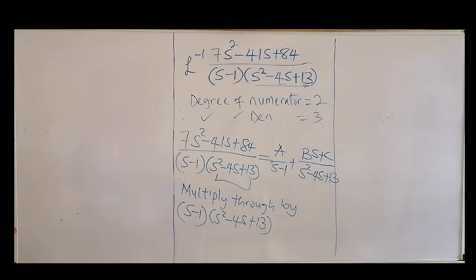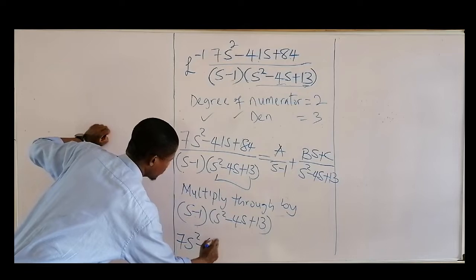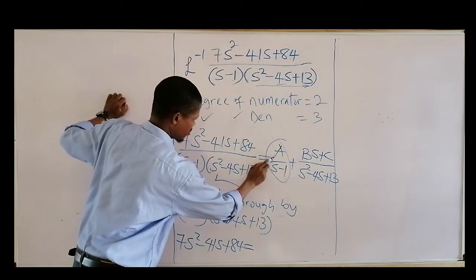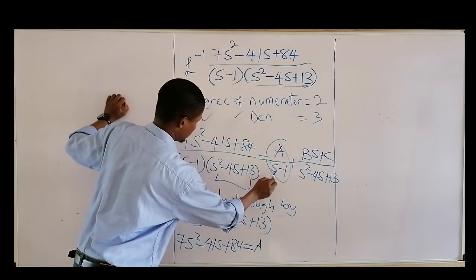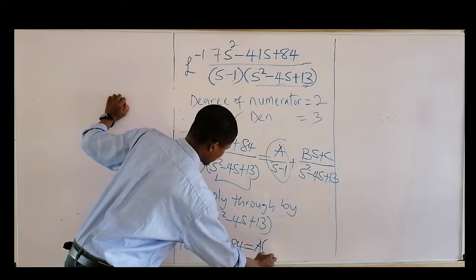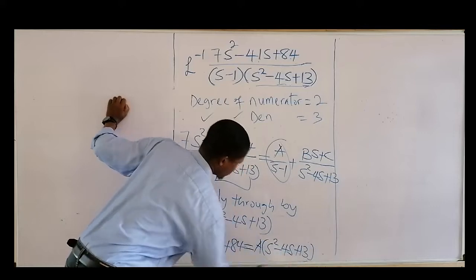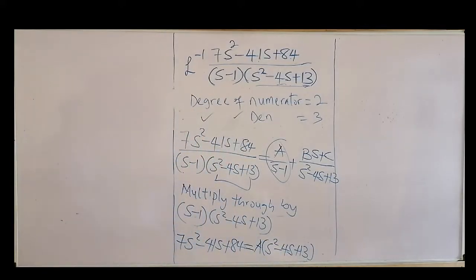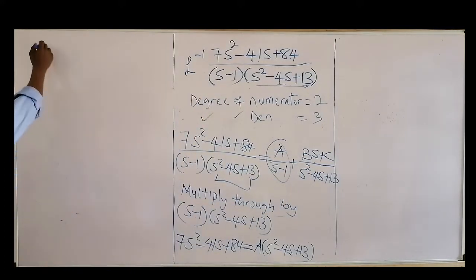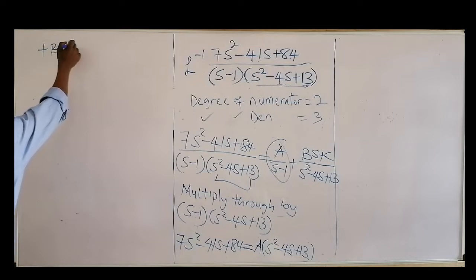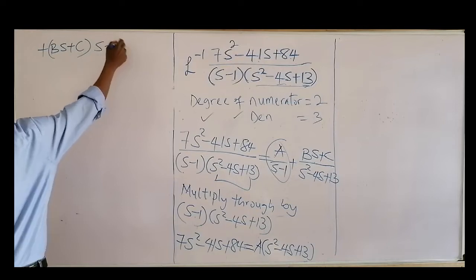If you do that, we're going to have 7x squared minus 41x plus 84 on the left. On the right, a times the denominator, we cancel, then we have a times x squared minus 4x plus 13, plus bx plus c times x minus 1.